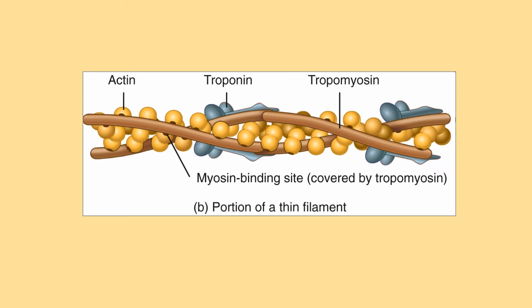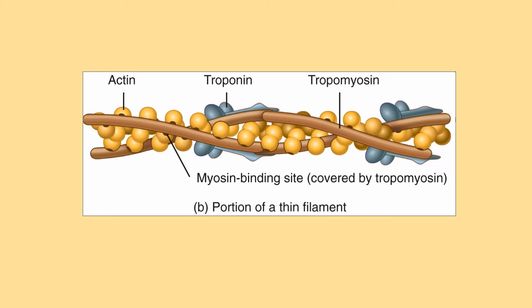Thin filaments are made out of three different proteins. Actin, which is represented by the yellow balls, tropomyosin, which is represented by what looks to me like whole wheat spaghetti, and then troponin, or troponin, depending on who you ask. Troponin looks like gray eggs. These three proteins are woven together to form a thin filament.